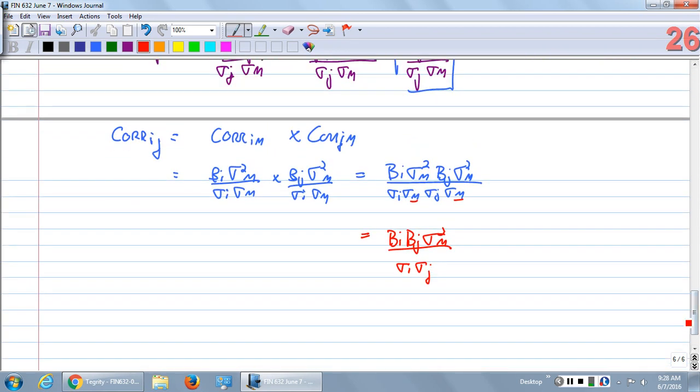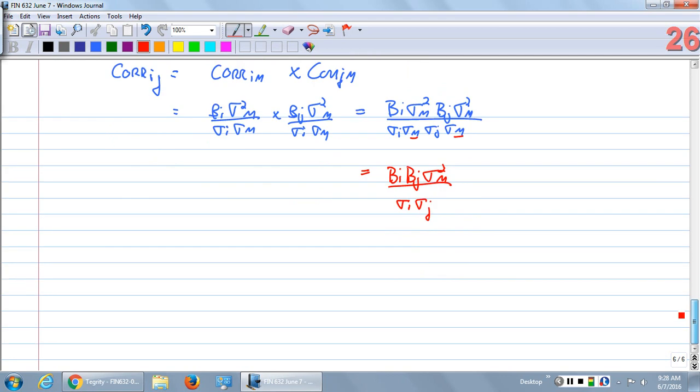So this is all part of this concept called the single index model. We're using a single index, maybe it's the return on the S&P 500, to see how everything varies relative to that one index. Therefore, it keeps us from having to calculate how much each asset specifically varies relative to each other.